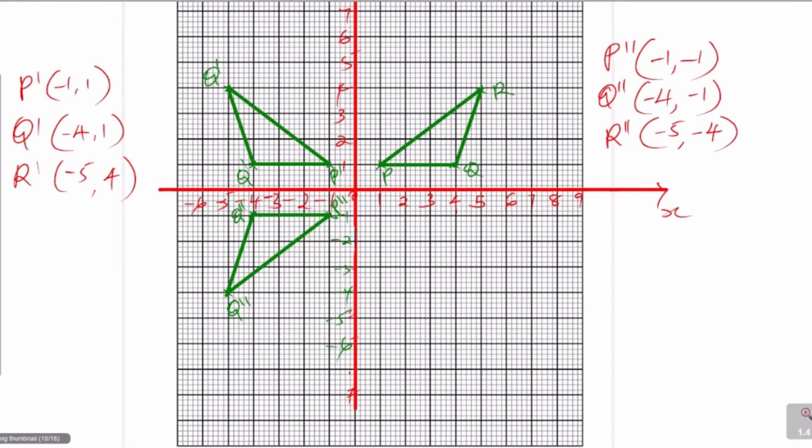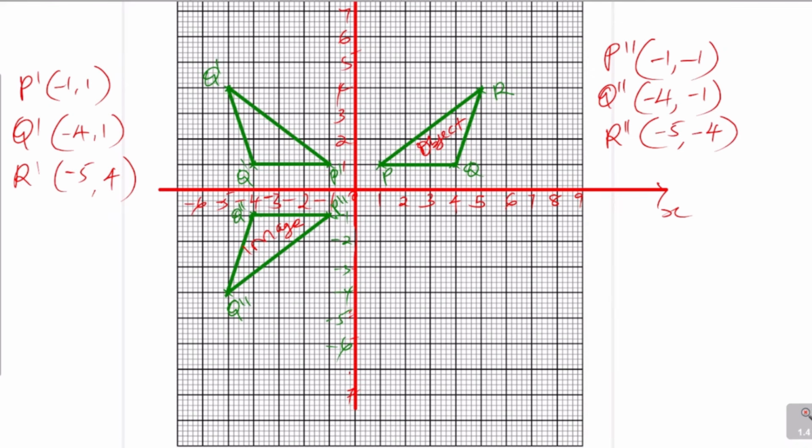So let's go to the figure. This one being the object and this one being the image. So look at these 2 triangles, PQR and P double prime, Q double prime, R double prime.